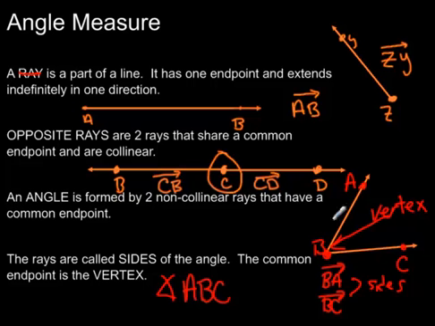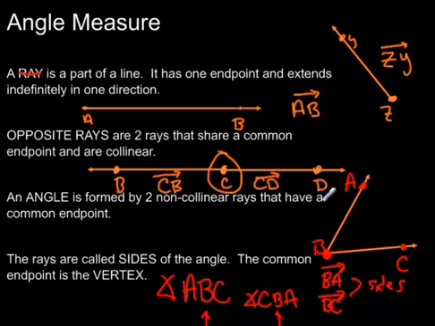Now, there are a couple of ways that we can name this angle. One way we can name this angle is by all the letters. Notice the order that we went in. The vertex is always the middle letter when we're naming an angle. So this could be angle ABC. We could also reverse that and say that this is angle CBA. Notice the vertex is always the center.